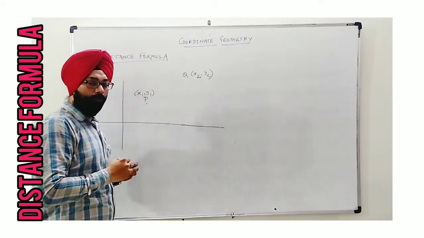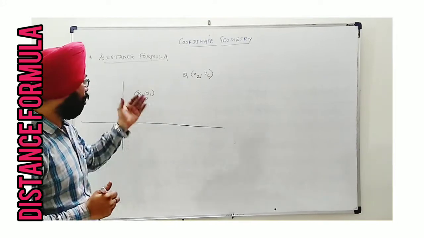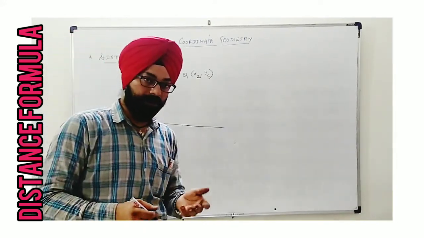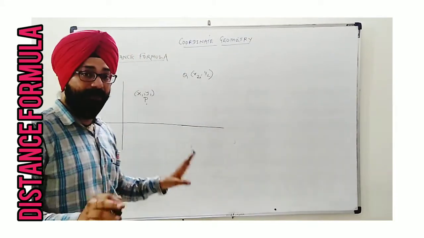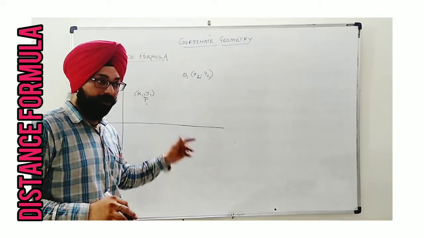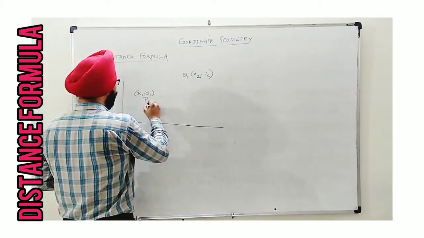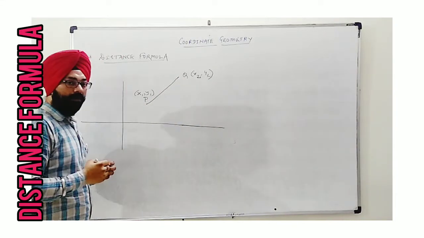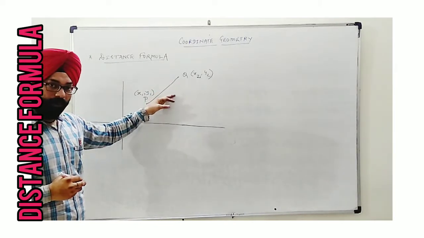I have taken these 2 points in the first quadrant just for explanation. It's not compulsory that both of them lie in the same quadrant or only in the first quadrant. In the coordinate plane anywhere, even if they are given on the axis, this formula is applicable. Now, distance between them means I am talking about the distance PQ, the line segment which joins them.